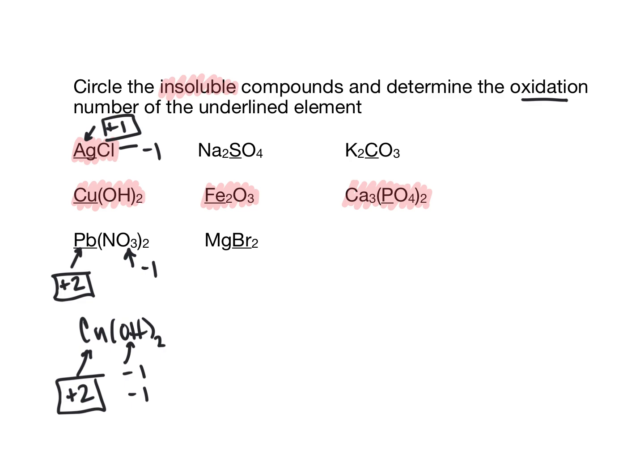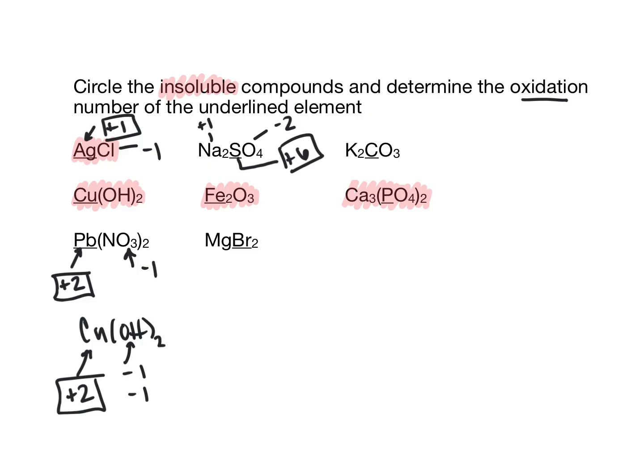So sodium sulfate, we have +1 times 2 and -2 times 4, so this has to be +6 in order to give us a neutral charge. Oxidation numbers follow the rules, and we are just solving for one that we don't know.